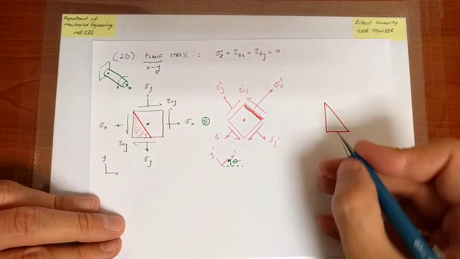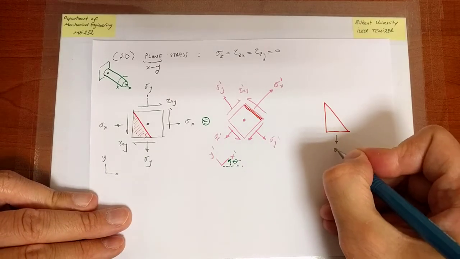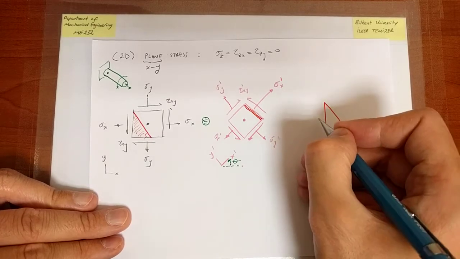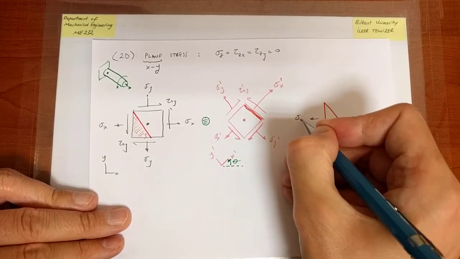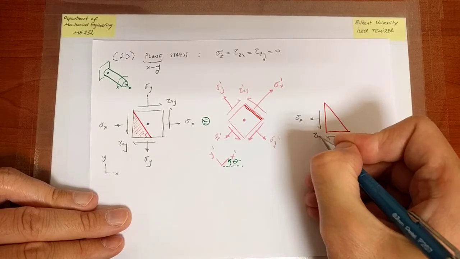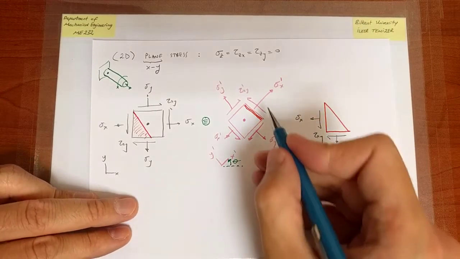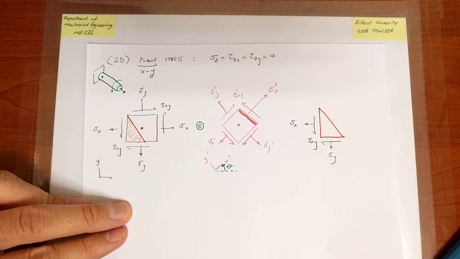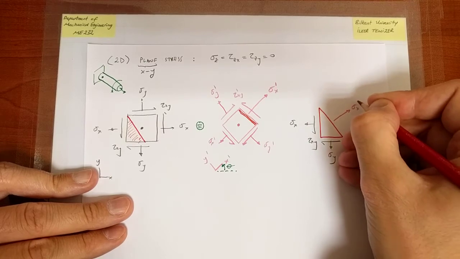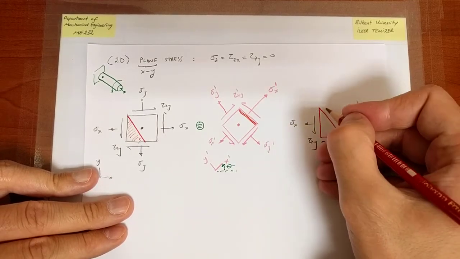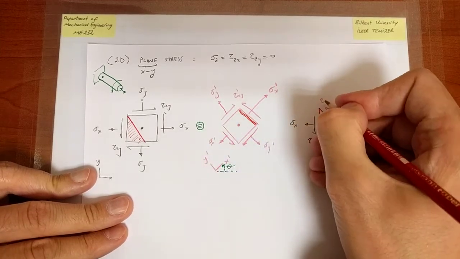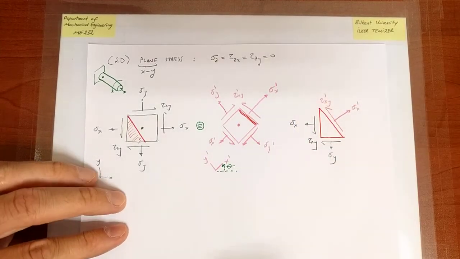So here I know the value of sigma y, I know the value of sigma x, I know tau xy. But I don't know sigma x prime, which lies normal to the surface, and I don't know tau xy prime on the plane with x prime in the direction y prime.